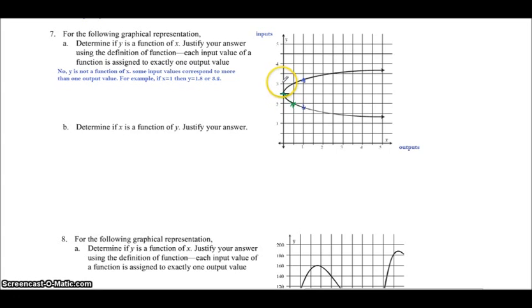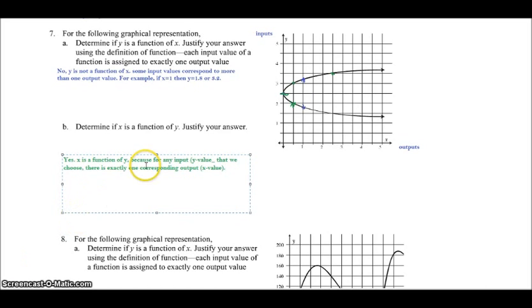If y equals 3, then x equals 1/2 again. If y equals 3.5, then x equals 3. Notice that anytime we pick an input, a y value, there is only one corresponding x value that goes with it. So x is a function of y.